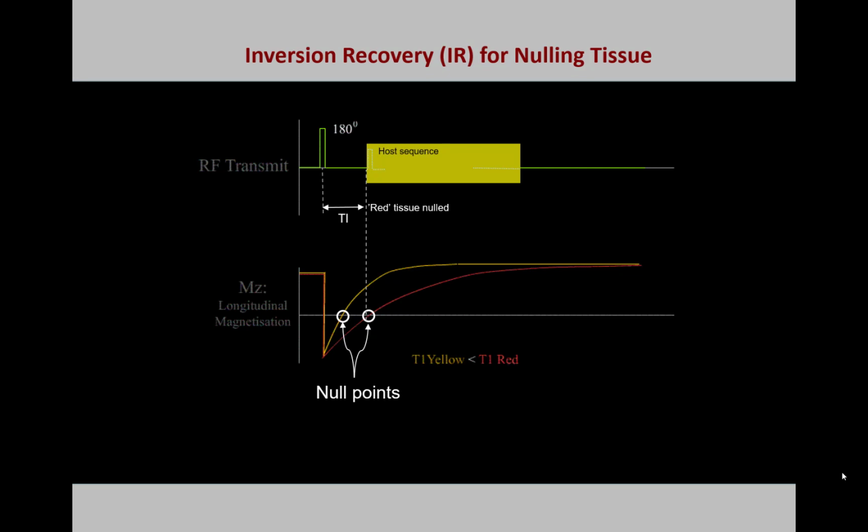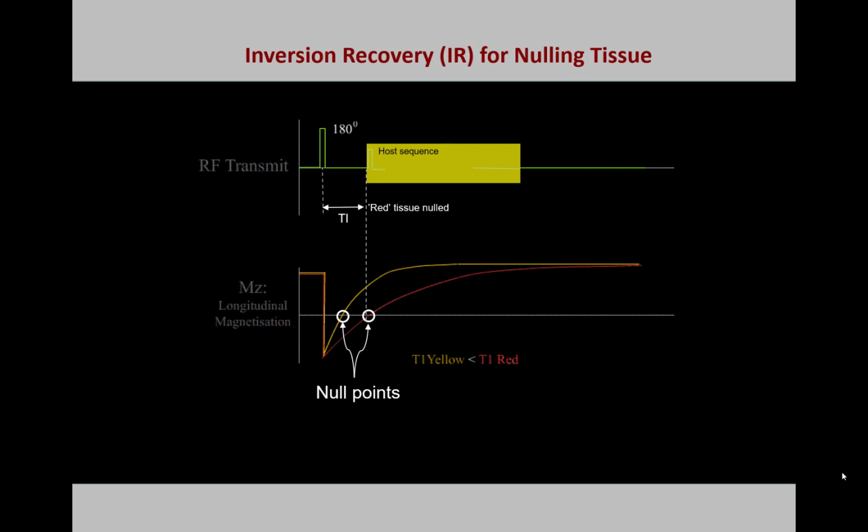It's because this technique doesn't just null some target tissue with a particular T1, in this case blood. It would also reduce signal from tissues that have T1s in the same general range. You can see here that with the yellow tissue, it's not nulled going into the host sequence, but its longitudinal magnetization is certainly reduced.